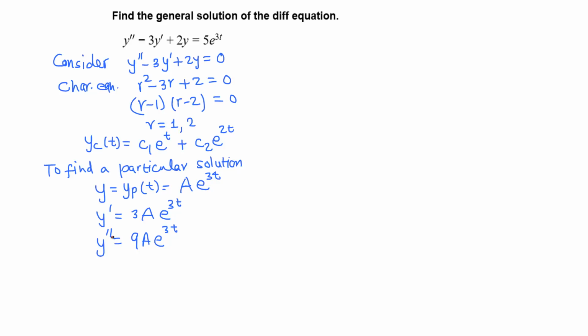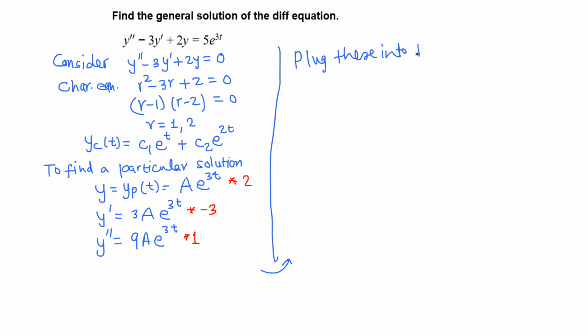So we multiply y double prime by 1, y prime by negative 3, and y by 2, and we add. That should be equal to 5 e raised to 3t. Plug these into the original, given ODE.